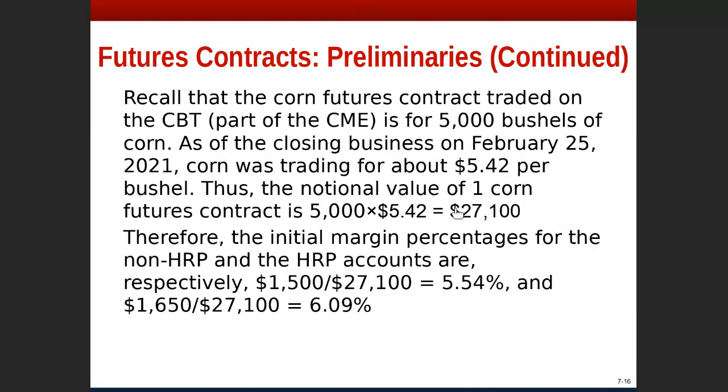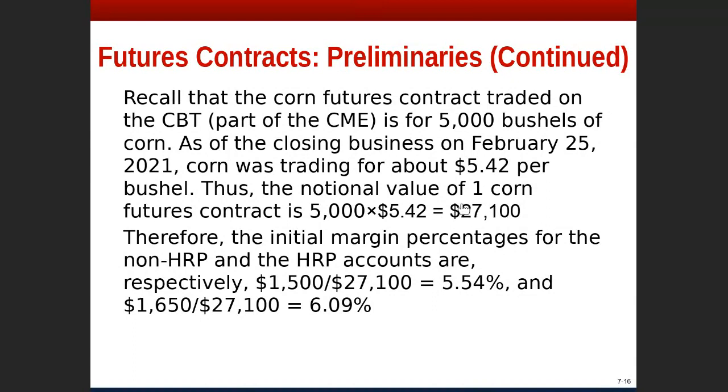Therefore, the notional value of one corn futures contract is 5,000 bushels times $5.42 a bushel, so you get 27,100. So this is the notional value or the face value of a corn futures contract on the Chicago Mercantile Exchange.